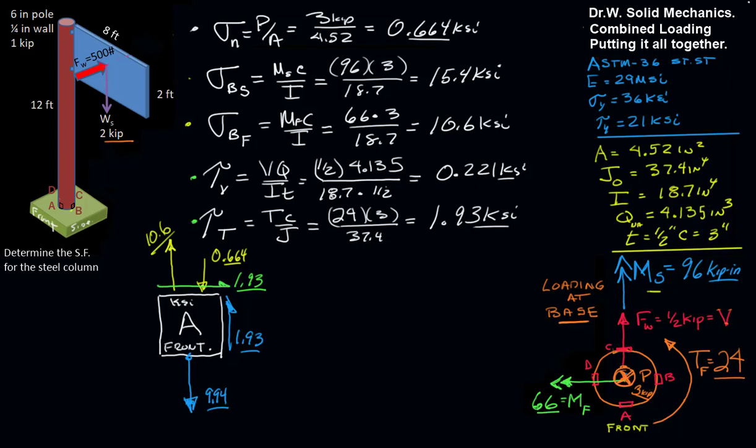Now let's look at B on the side. For element B, it's being compressed by that 0.664. Every element feels that. Now for B, these bending moments, if we look here at B on the loading diagram, the moment due to S is pushing B into compression and D into tension, so that is going to be a max.